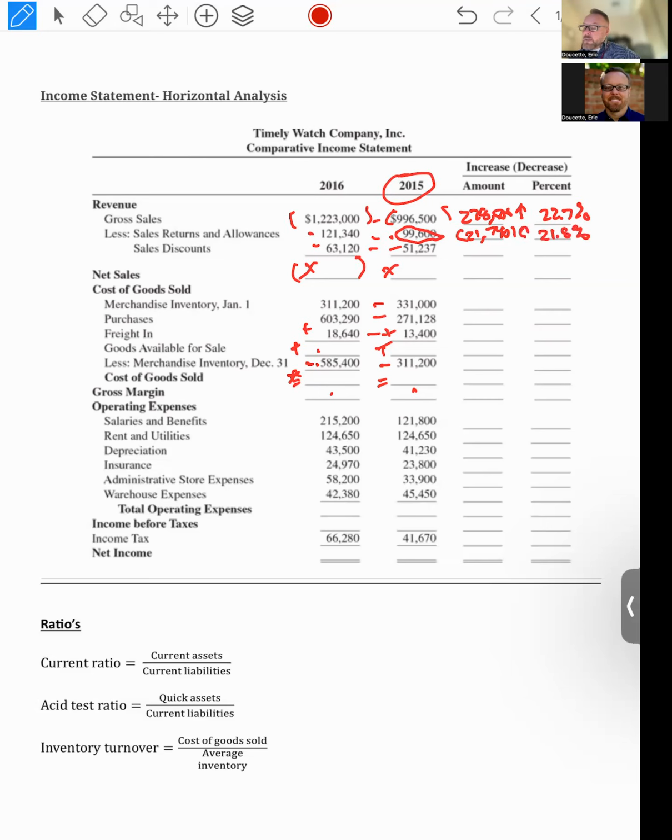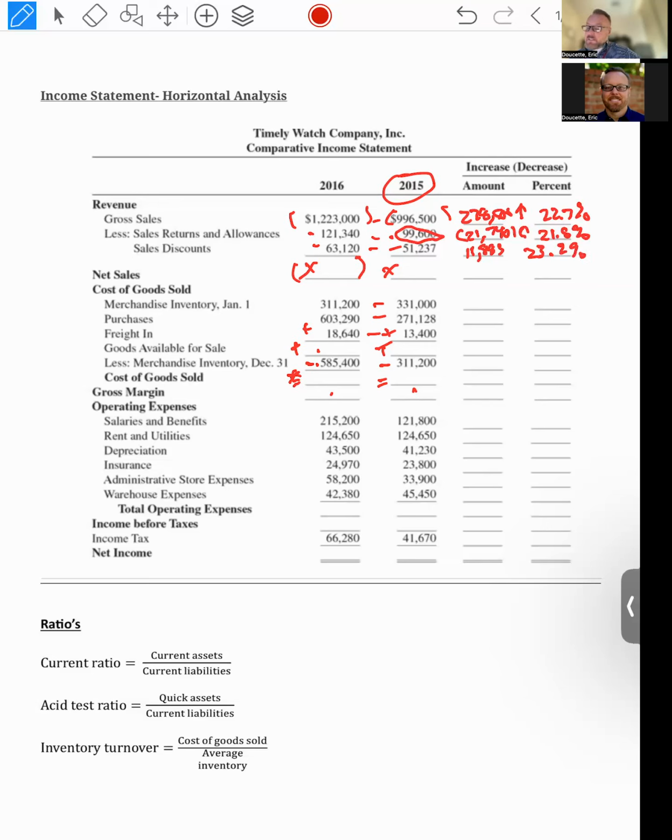And then here again is an increase, 51,000 in 2015 to 63,000 comes out to an $11,883 difference. I would divide this 11,883 by the 51,237, because 2015 was the original year. And that comes out to 23.2%.